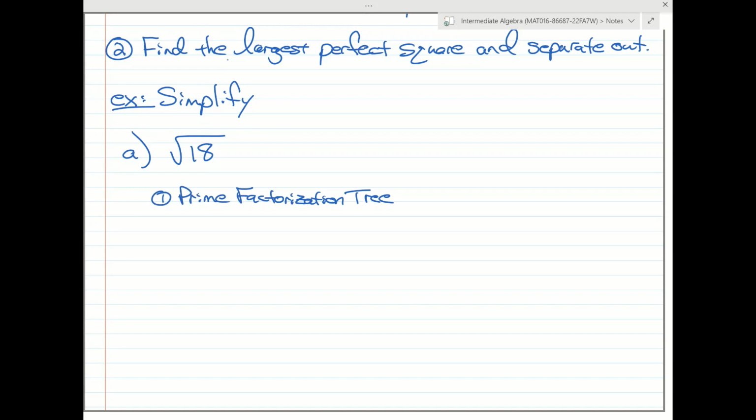And what we're looking to do is break 18 down to be all prime numbers. So 2, 3, 5, 7, 11, all prime numbers. So what this looks like is the square root of 18 is the same thing as 2 times 9, which is 3 times 3. The bottom of our trees here are prime numbers.